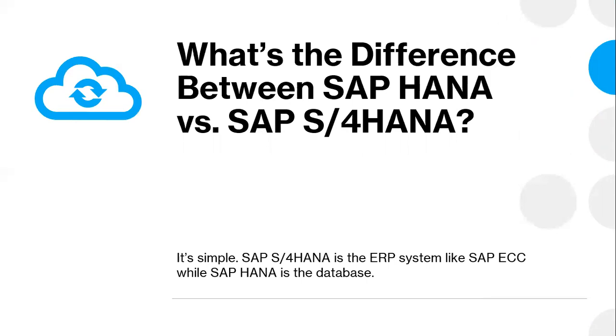What they see is the S4HANA, which is like the presentation layer where you log into your system by giving your username and password and do your work. That is what S4HANA is. HANA is the database that stores most of the information entered into S4HANA, just like the database under ECC. So that's the difference.